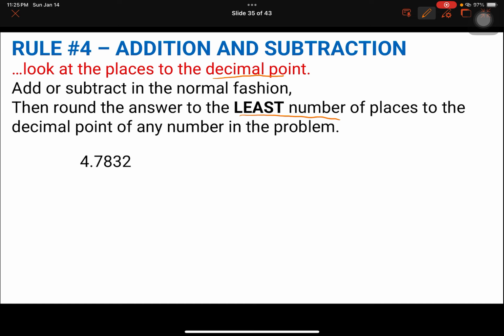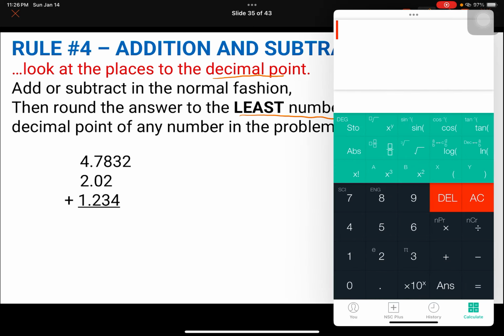For example, we have 4.7832, 2.02, and 1.234. If we add up, let's have our calculator, 4.7832 plus 2.02 plus 1.234, we will get 8.0372.